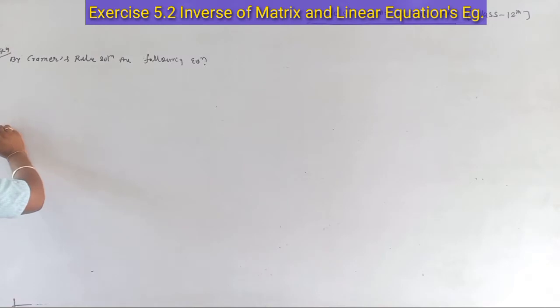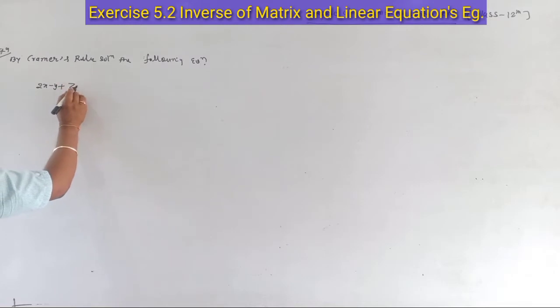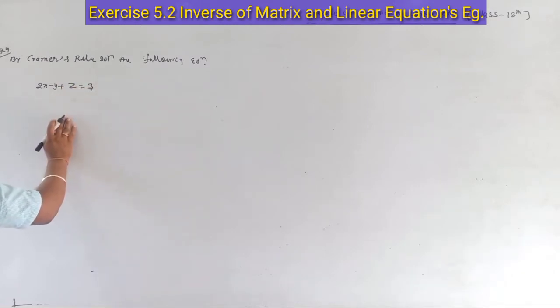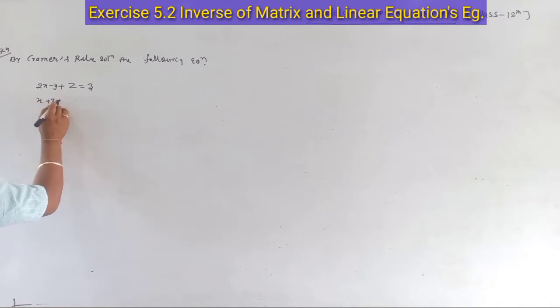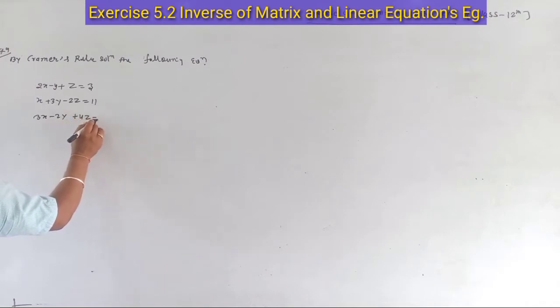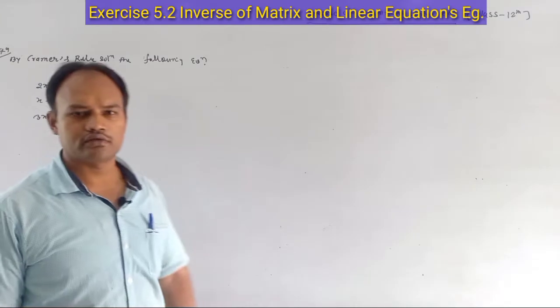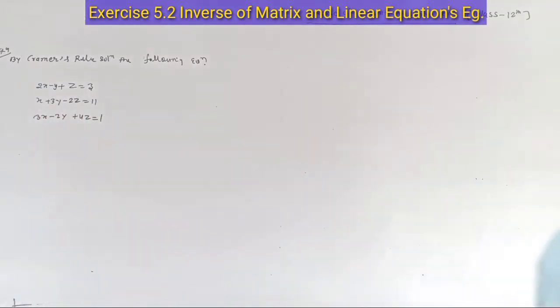The question is 2x minus y plus z equal 3, x plus 3y minus 2z equal 11, 3x minus 2y plus 4z equal 1. So students, this is the question, and we have to find it by Cramer's rule.